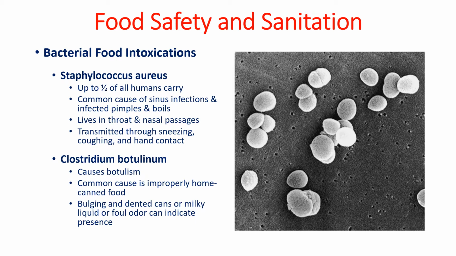Botulism, Clostridium botulinum. This is a very dangerous bacteria. It causes a disease called botulism. It's also the toxin that is used in Botox. So you get an injection of Botox in your face to get rid of wrinkles and those sorts of things. I think they use it for all kinds of stuff. But basically, what it does is it freezes muscles.